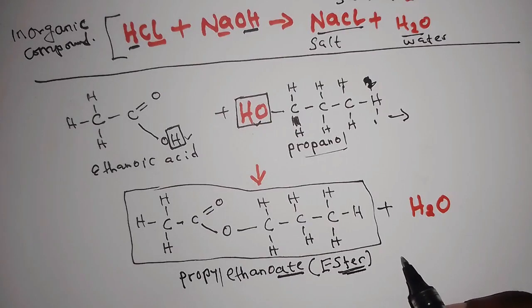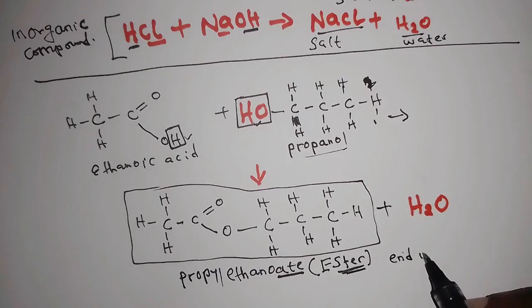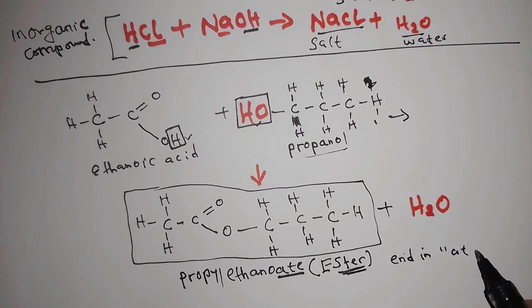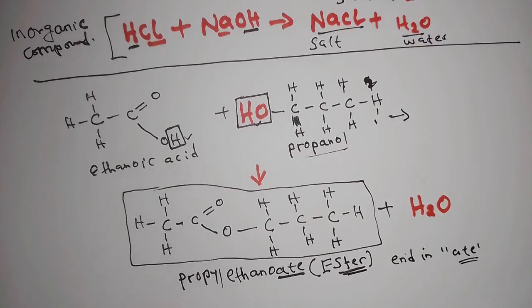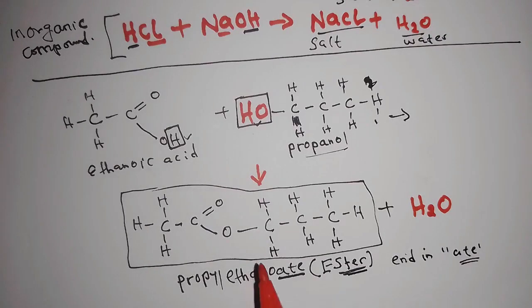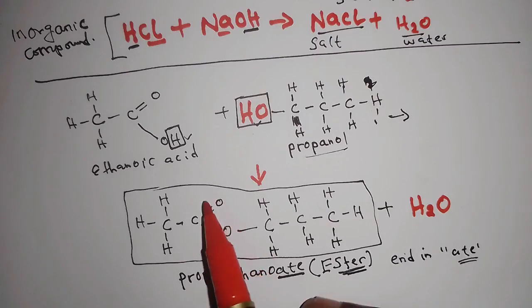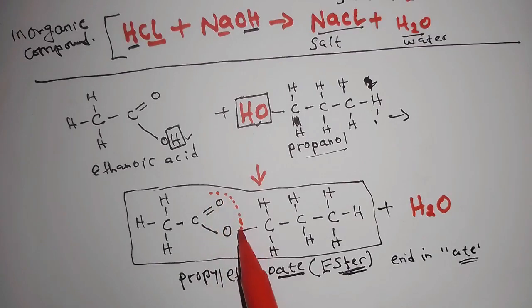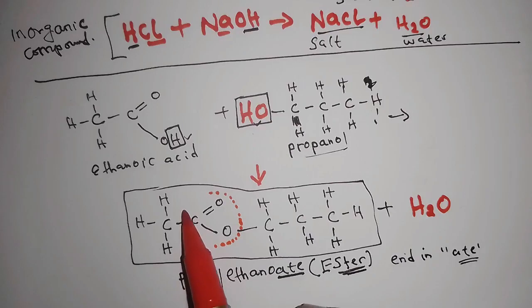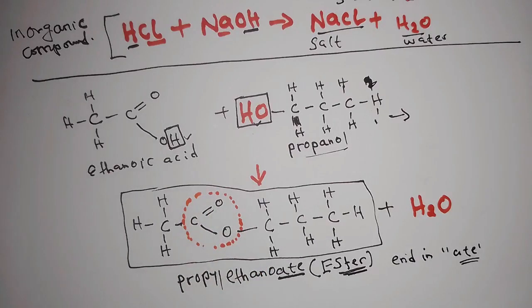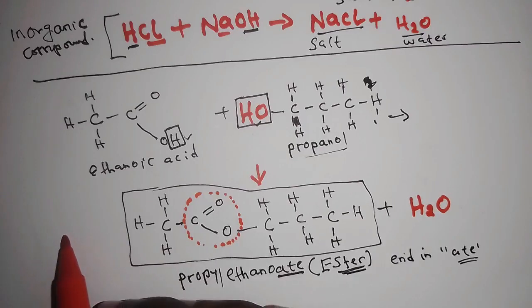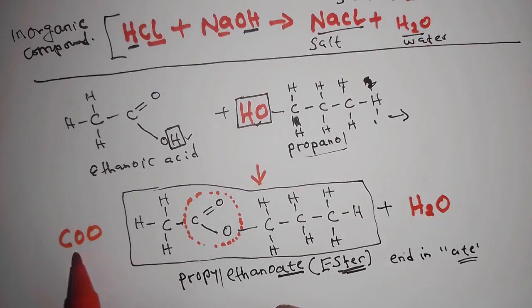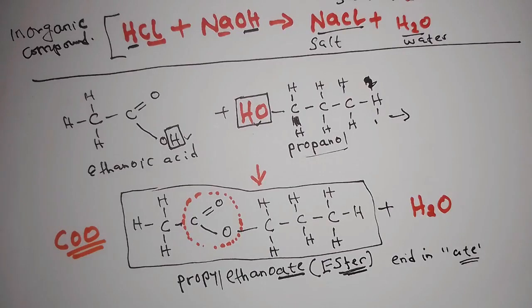Now the ester group is this part, and this can be recognized as COO. So that is an identification of the functional group of an ester. That's how you can know that this is an ester.